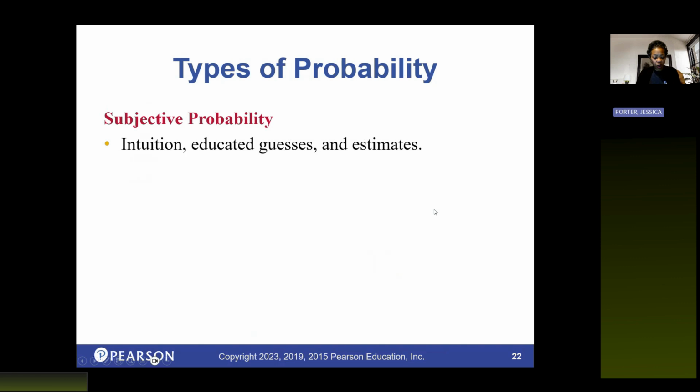So let's look into the types of probability. Do you have subjective probability? That is something that's like your intuition. It's an educated guess. It's going to be an estimate. Something like a doctor says you have 75% chance of catching the flu this season.